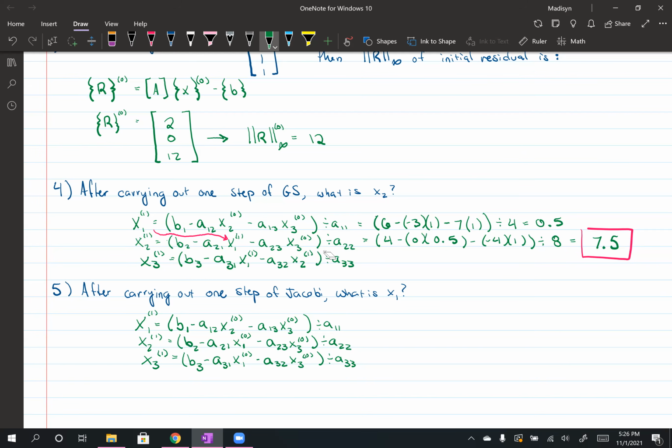So this x3 utilizes both of the x's that you found before it. Anyway, technically this value should be the same value that we found before.